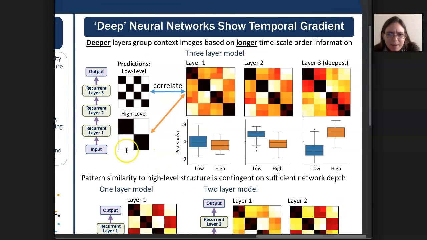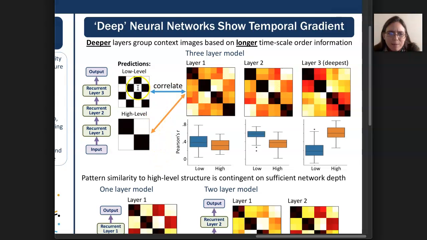After learning, we looked at the network sensitivity of the model in each of its 3 recurrent layers. So this is looking at the 3-layer model. We took the activation pattern for the 3 different layers in response to the context cue images.